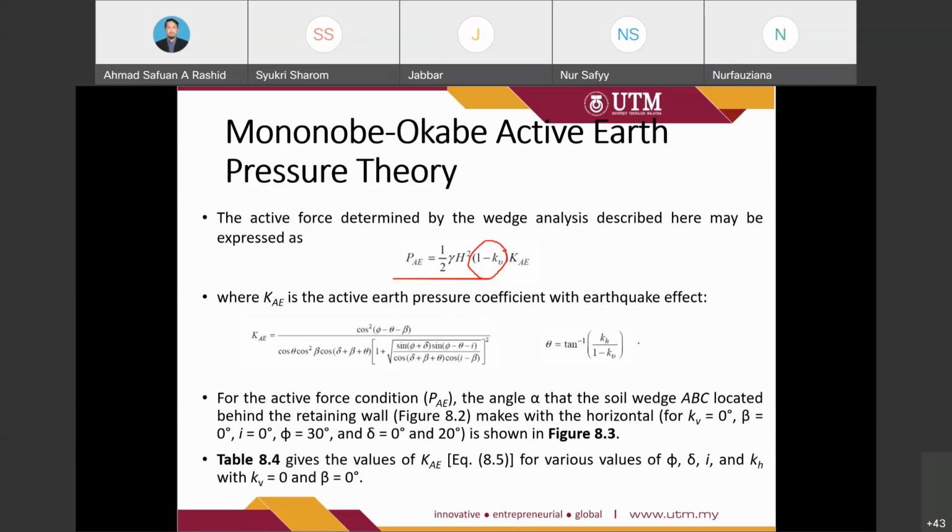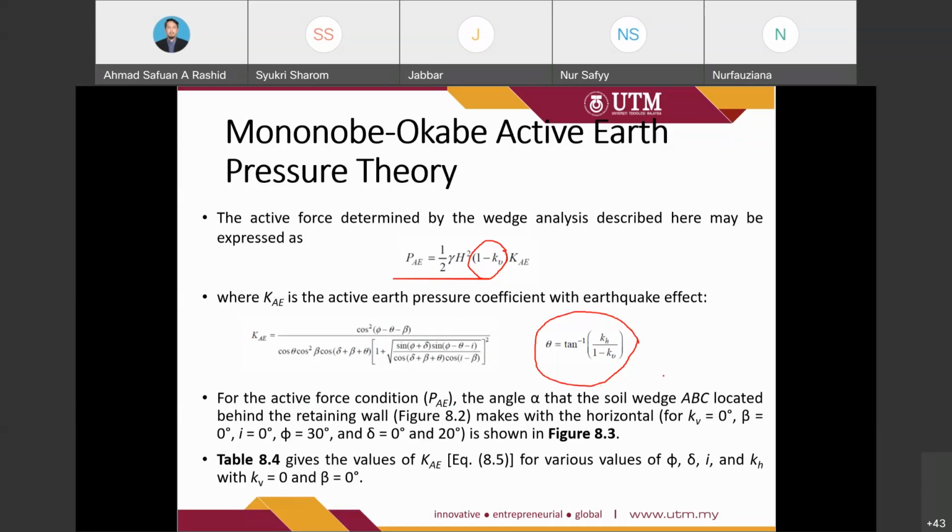So this is the theta value or equation that we need to use to get the KAE, and then from there we include it in the equation to get the PAE.